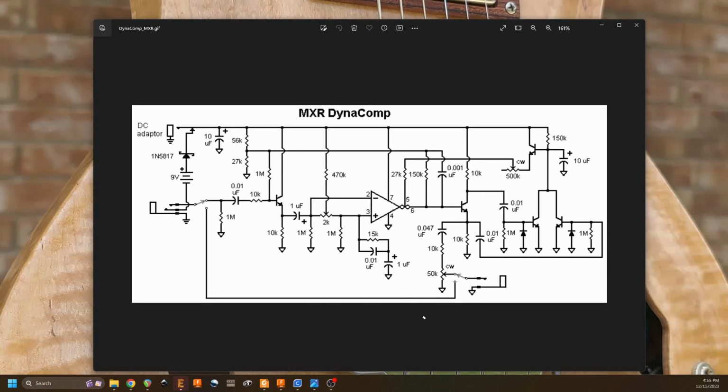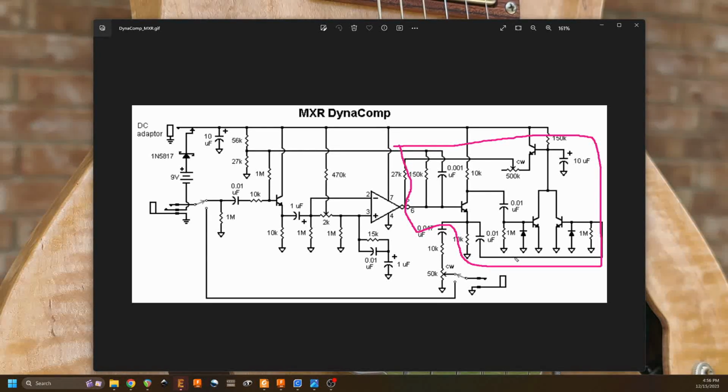But now we get to an interesting part of the circuit, which is our envelope follower. The interesting thing about this envelope follower, which I'm going to outline like this, that is different from the circuits we've looked at in the past is that this is what's called a feedback envelope follower, whereas the other ones that we have looked at to this point have been feed-forward envelope followers.